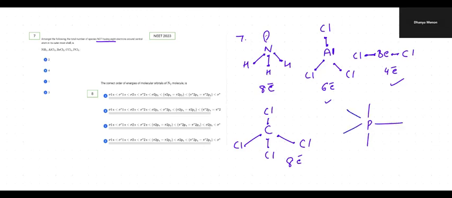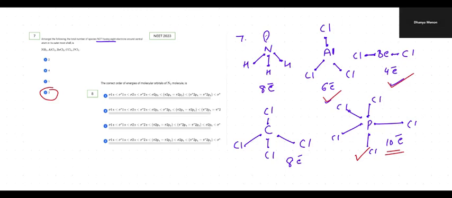So 1, 2, 3, 4, 5, 6, 7, 8, 9, 10. So this has 10 electrons. But our question is not having 8 electrons around the central atom. So I have aluminium chloride, I have BeCl2 and also PCl5. So I have 3 as my answer because here it's not perfectly 8, it's more than 8. Okay, so 3 is my answer here.